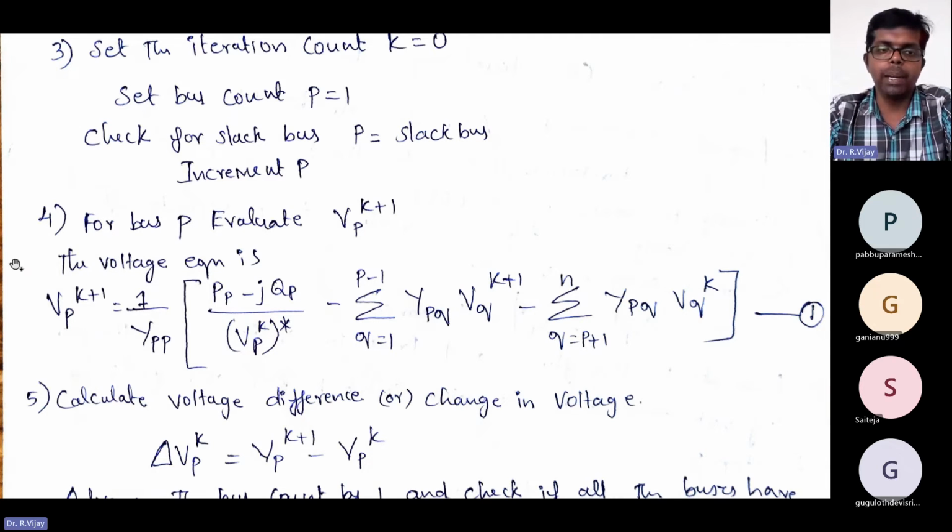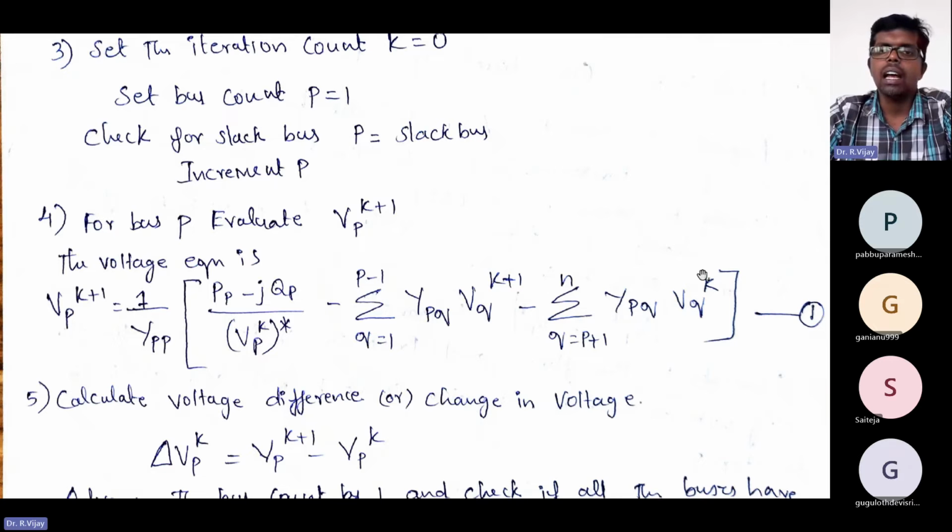V_p^(k+1) is equal to 1 divided by Y_pp into [(P_p minus j Q_p) divided by V_p^k, the whole star, minus summation q is equal to 1 to p minus 1 Y_pq V_q^(k+1), minus summation q is equal to p plus 1 up to n Y_pq into V_q^k], the whole bracket. Take this as equation number 1.